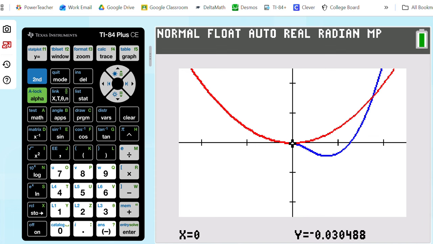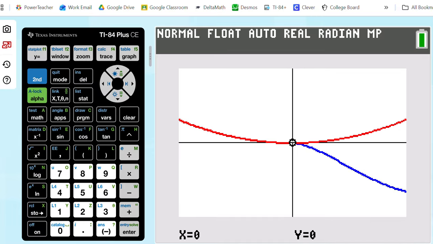If I move my cursor away from that, it sure looks like they're touching each other at 0, 0. We know that y equals x squared over 2, that's the red one, the parabola, doesn't go below the x-axis, so they're certainly not intersecting below the x-axis. And so the only thing that they could be doing is intersecting really close up there somewhere to the origin. If we zoom in again, we can see that the blue one is not going to go up towards the positive values there.